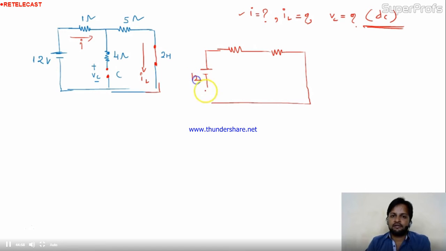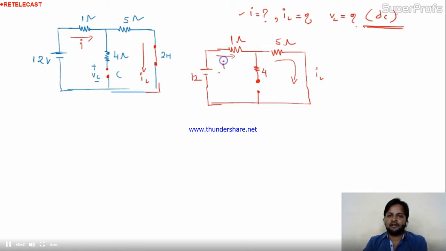This is 12 volt and this is the open branch. So this is 1, this is 5, and this is the current in the circuit, and that current is nothing but IL. Over here, I.